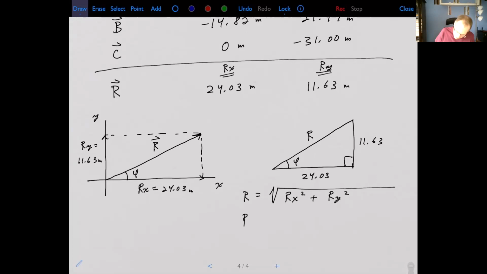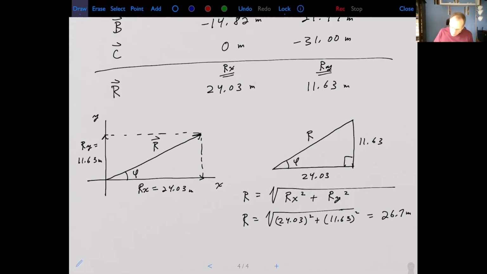In this case, it'll be the square root of 24.03 squared plus 11.63 squared. If you work that out, rounded to one decimal place, it's 26.7 meters.